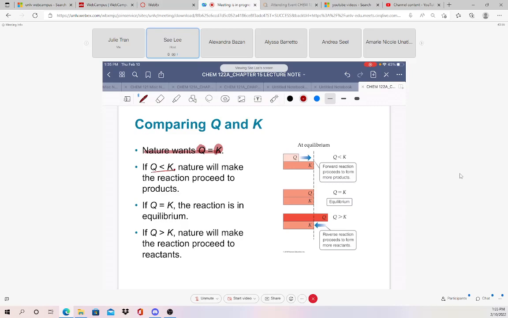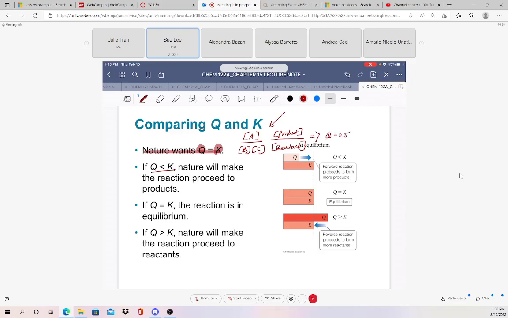Let's say, so this is product, reactant. Let's say for this system, when not at equilibrium, the Q value is 0.5.